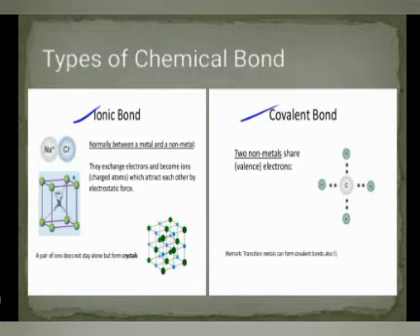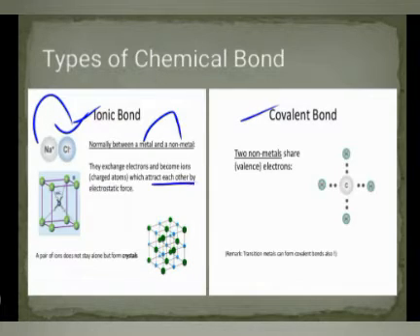Ionic bond is normally between a metal and a non-metal. You can see sodium is a metal and chlorine is a non-metal. Sodium possesses a positive charge, chlorine possesses a negative charge, so that's why it becomes an ionic bond. These positive and negative charges exchange electrons. Positive sodium will donate an electron to chlorine, and negative chlorine attracts the electron, and they remain together with the help of electrostatic force.